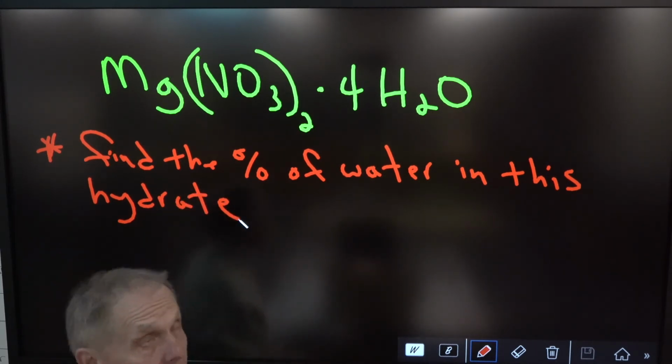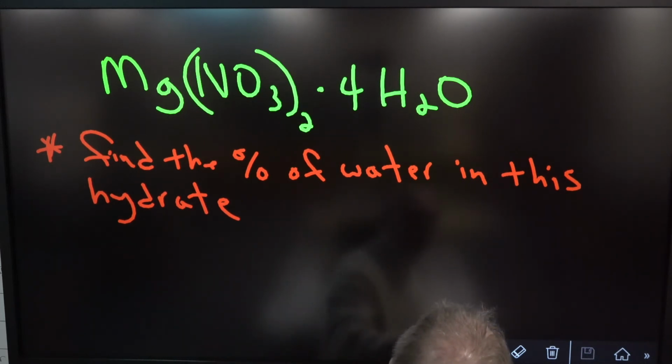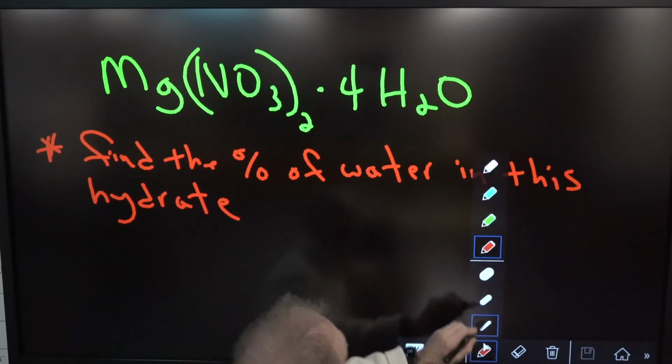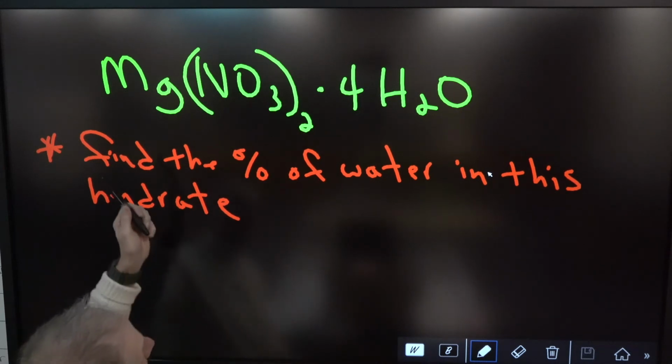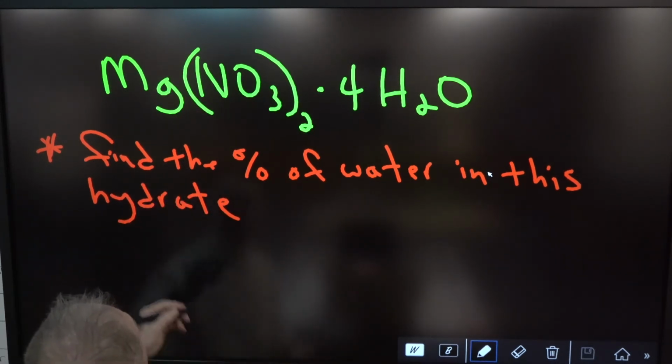Find the percent of water in that hydrate. So now what you have to do is find the formula mass of that whole thing. So this is how we do it.